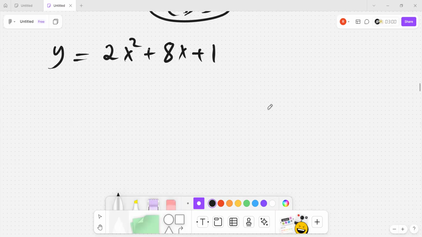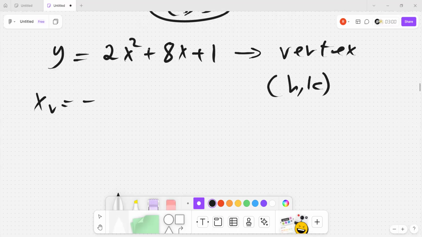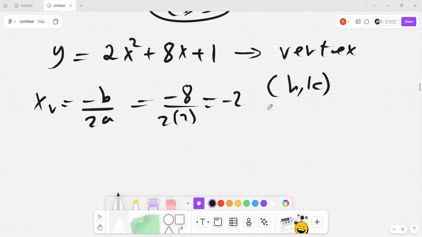First thing, we are trying to convert this equation to vertex form. So we need to find the h and k, which are the x and y of the vertex. How can I find the x vertex? Negative b over 2a. So it will be negative 8 over 2 times 2, which is negative 2.